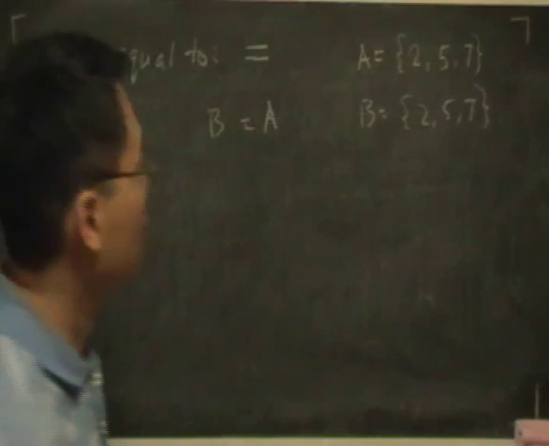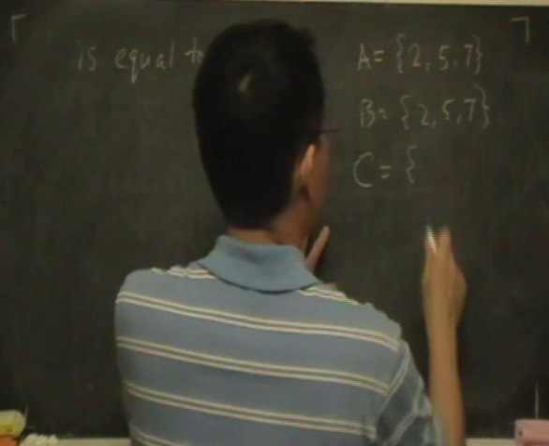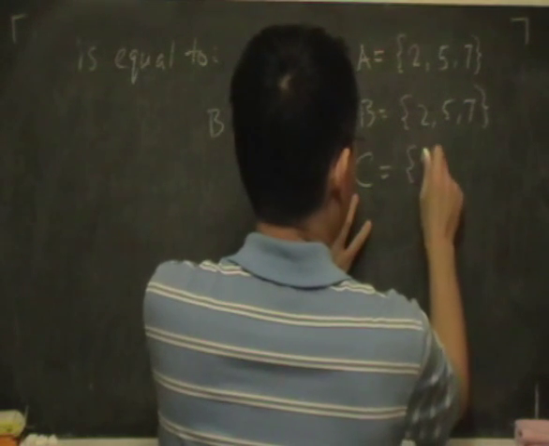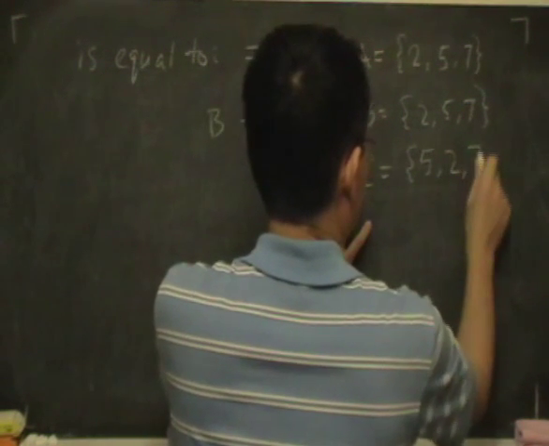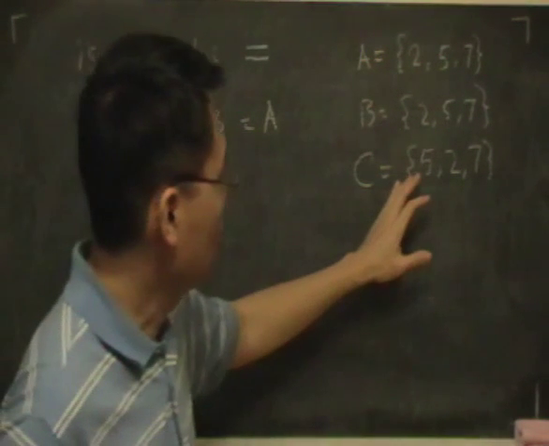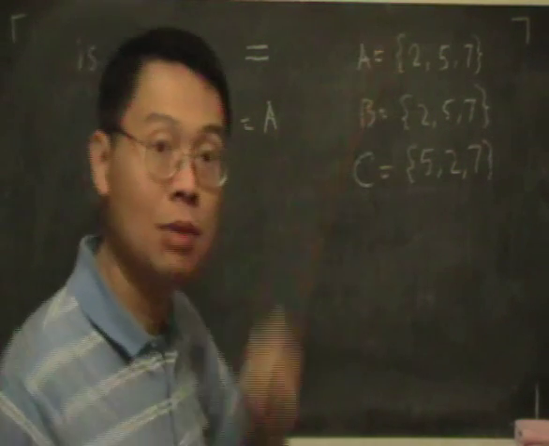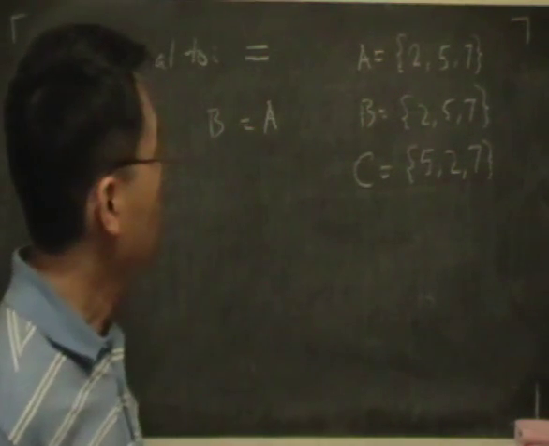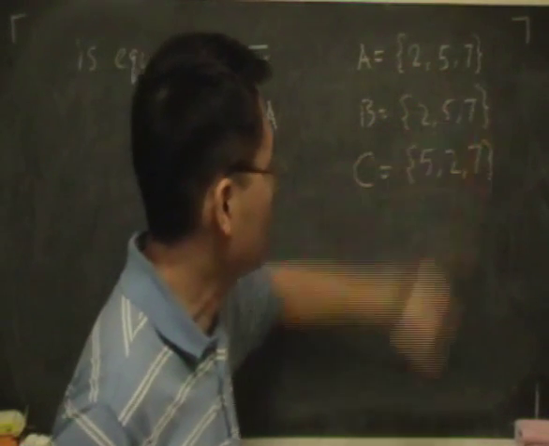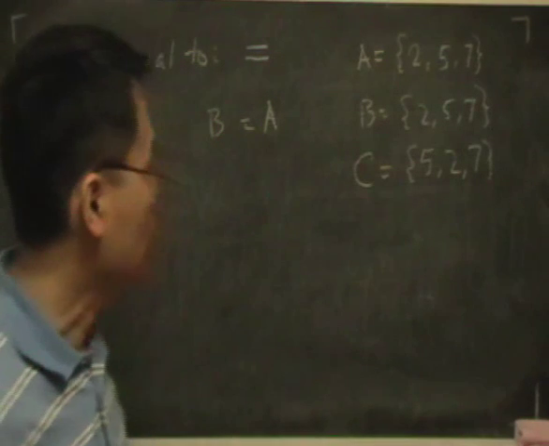But what if I have a set C whose elements are 5, 2, and 7? Is the set C still the same as A? You see, A is 2, 5, and 7. C is 5, 2, and 7. The ordering is different.